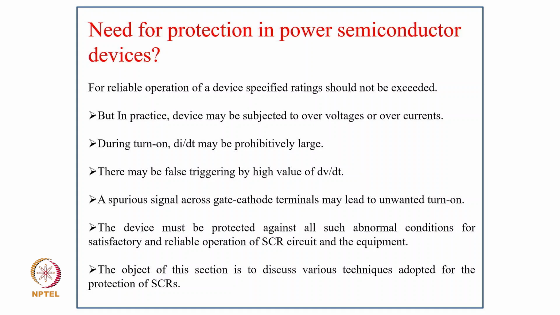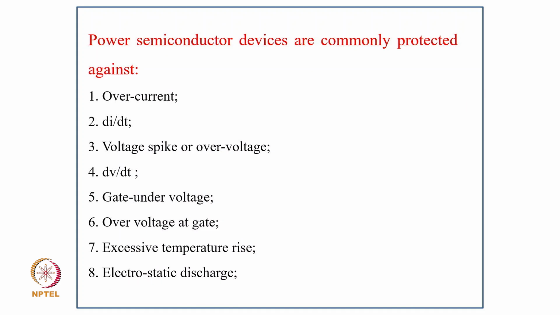There may be false triggering by a high value of dv by dt, and a spurious signal across the gate cathode terminal may lead to unwanted turn on. The device must be protected against all such abnormal conditions for satisfactory and reliable operation of the thyristor (SCR, silicon controlled rectifier) and the equipment. The object of this section is to discuss various techniques adopted for protection of these silicon controlled rectifiers.